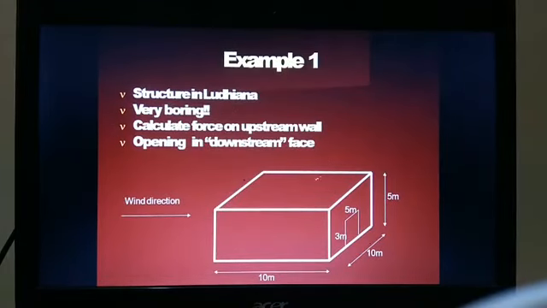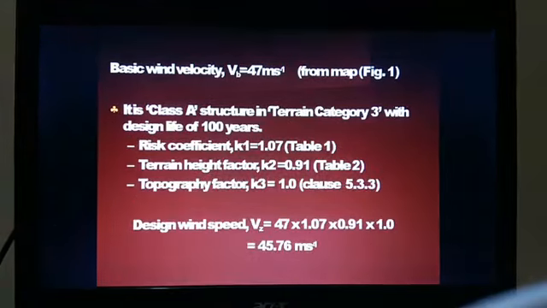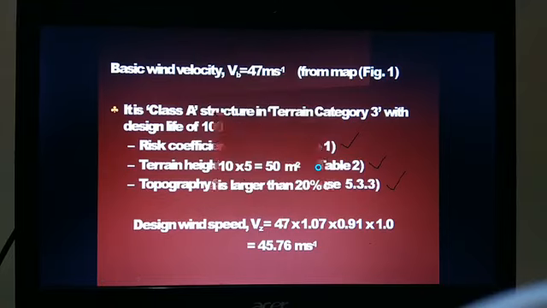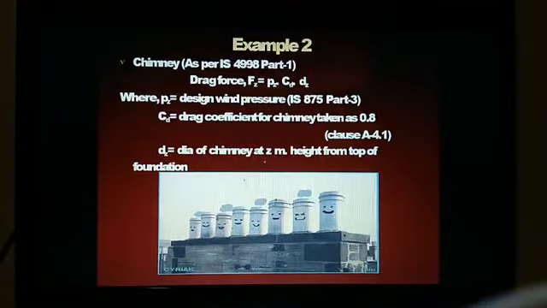You can have an example over here. I will share this on YouTube, and tomorrow I am going to discuss this problem. Based on it you can understand how to calculate the wind force, how the risk coefficient, terrain coefficient and topography coefficient are calculated based on Table 1, Table 2 and the clauses of IS 875 Part 3.